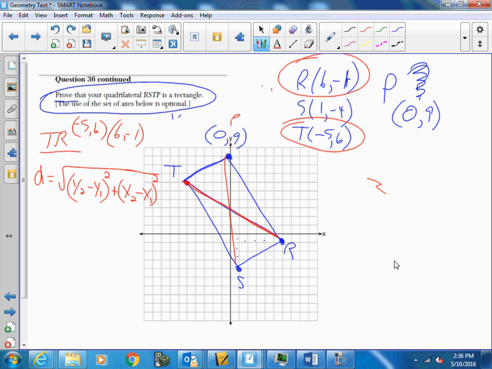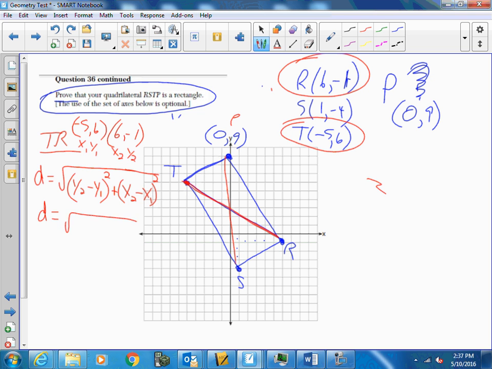You can go the opposite direction, it doesn't matter, just be consistent with your x1 and your y1, and it doesn't matter where you start. But based on how I have written the points, I'm going to have -5 as x1, 6 as y1, 6 over here as x2, and -1 as y2.